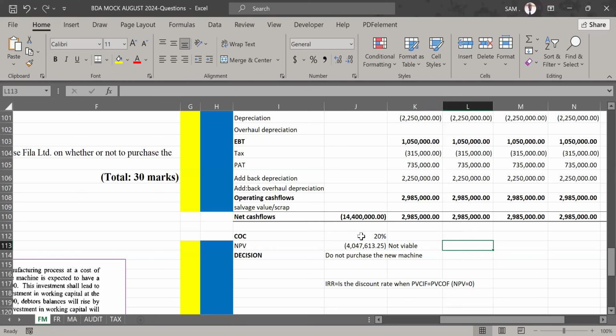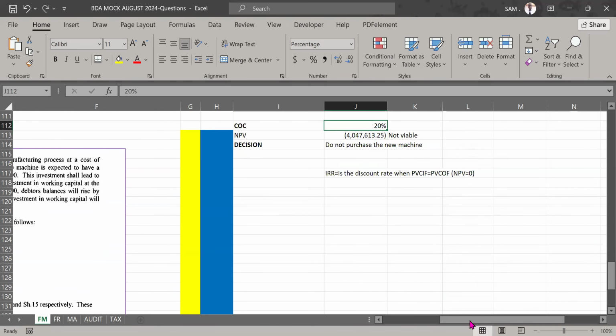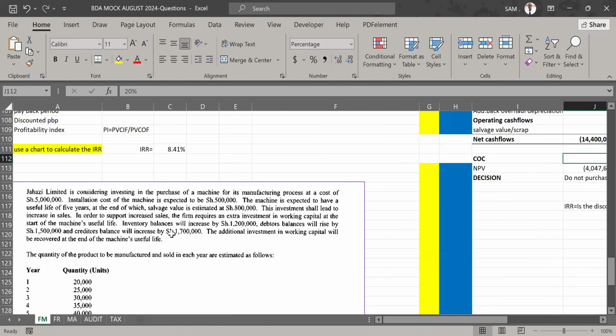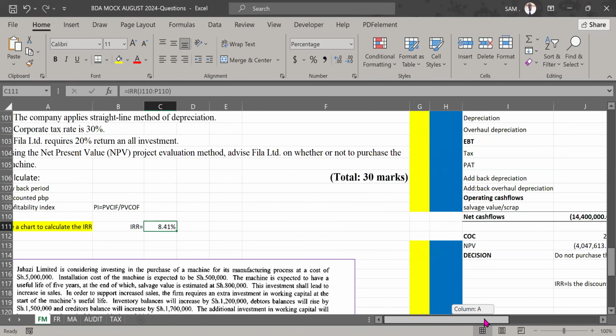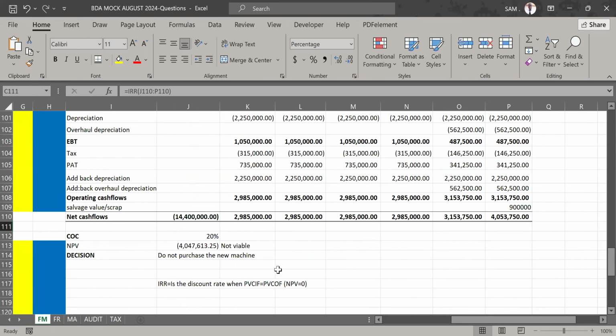So if at this point you use goal-seek to set this NPV to zero, whatever discount rate you get when you change that cell will be your IRR. And you are most likely to get the same figure that we've gotten here, the 8.41, using that formula. So let us use a graph, a chart, so that we come up with that IRR.